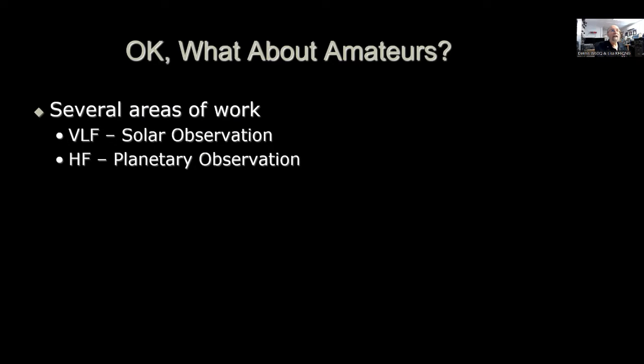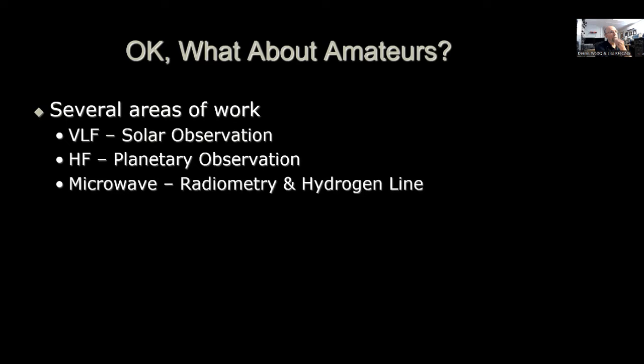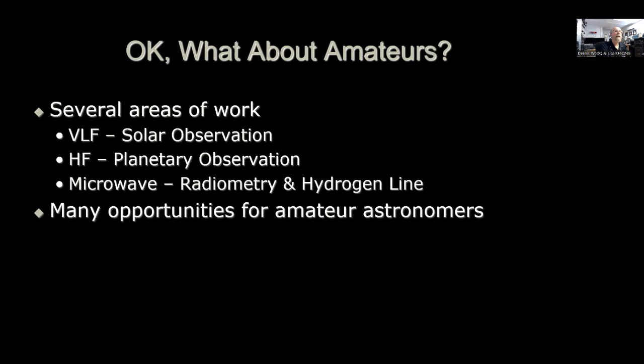And amazingly enough, you probably have the equipment to do it. It's stunning. But then we'll talk about microwave, and this is where we start getting into the hydrogen line, as well as radiometry. Radiometry is a real easy thing to be able to do with microwaves.